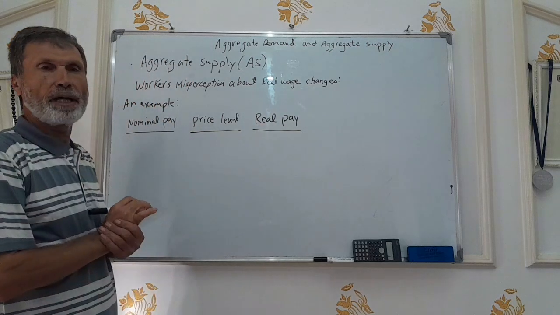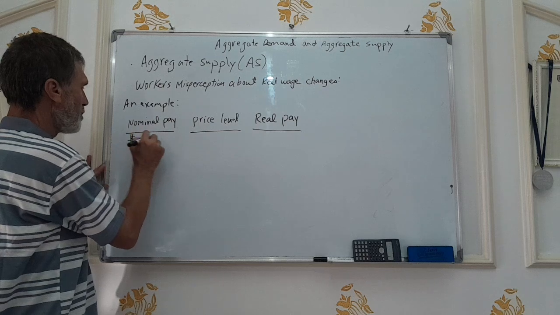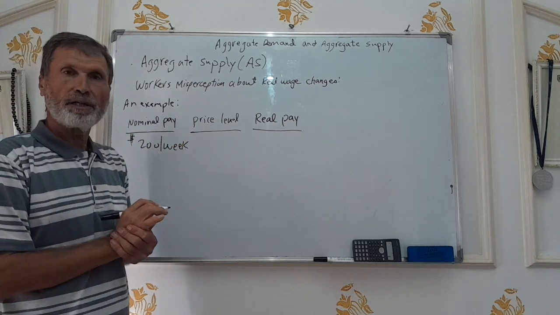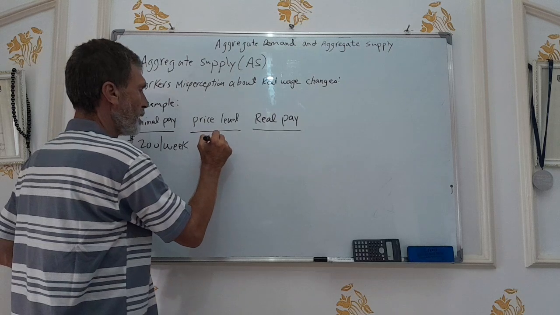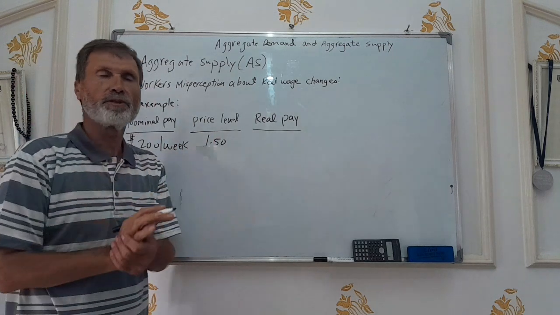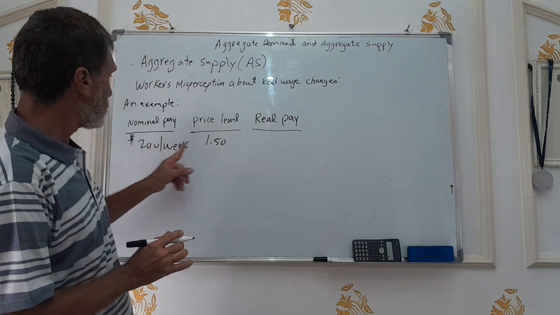Let's say the nominal pay is $200 per week. And the price level initially is 1.50. This is the price level. This is the index of the price level. So therefore, the real pay, we divide this over that.